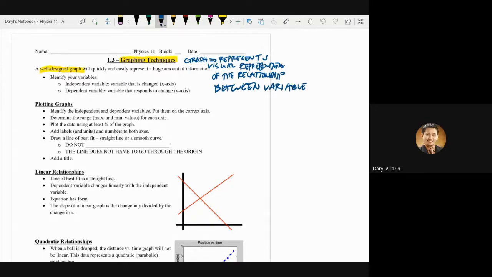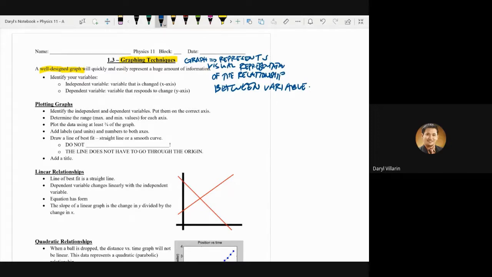Okay, so visually you can see the relationship of two quantities by using the graph. That's why, again, you can analyze it much more clearly, compared with just having a table.